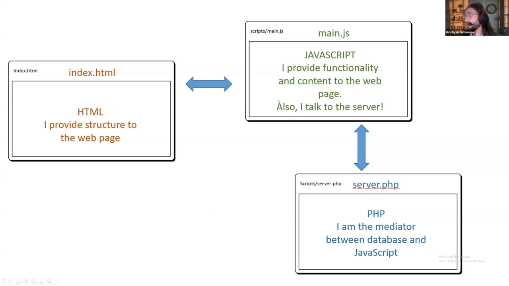This is one of the case scenarios. You can have PHP just running directly in the HTML, and then you don't have this step. You just go from index HTML to server PHP, or actually the opposite way around.